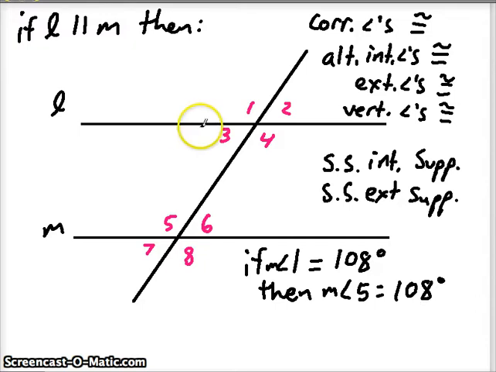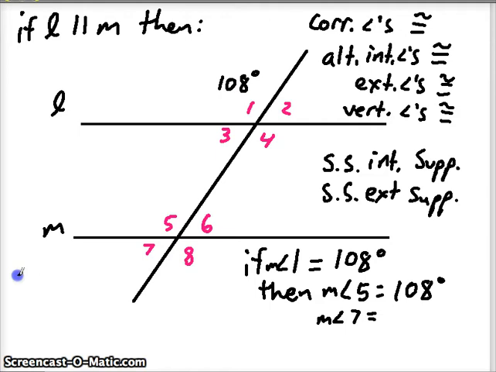Alright, let's do another one. If 1 is 108 degrees, still, what's angle 7? Well, let's look at the relationship there between 1 and 7. 1 and 7 are what type of angles? They're same side exterior angles. So what's their relationship? Same side exterior is supplementary. So if I know this is 108 degrees, then I know that 7 has to be whatever is missing to give me 180 degrees.